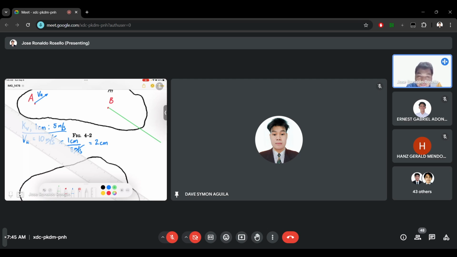If the direction is given but the magnitude is not given, then it's not a vector. Here, only the direction is given. So now we have to find the vector of point B.